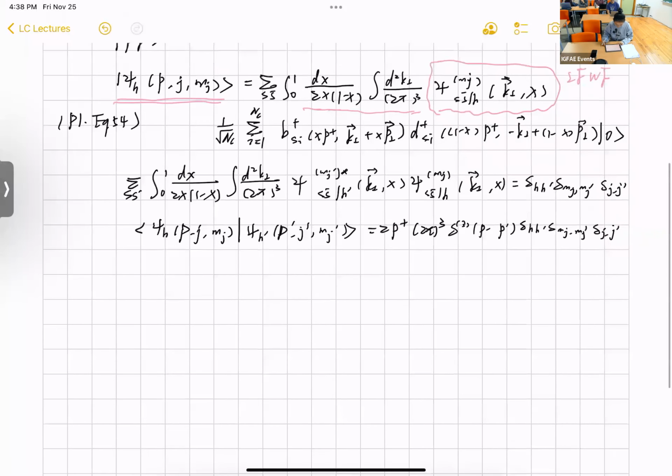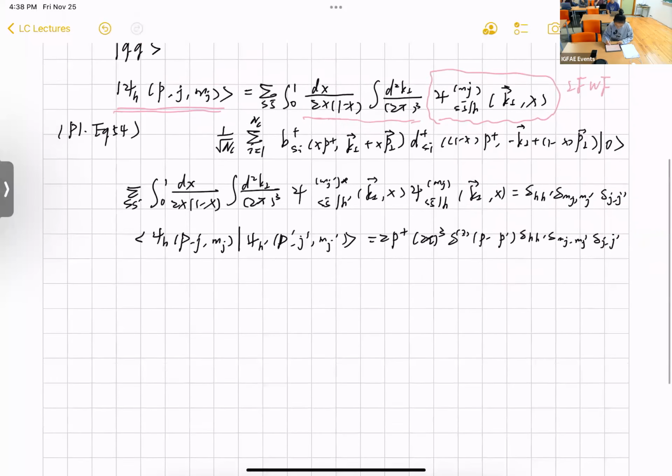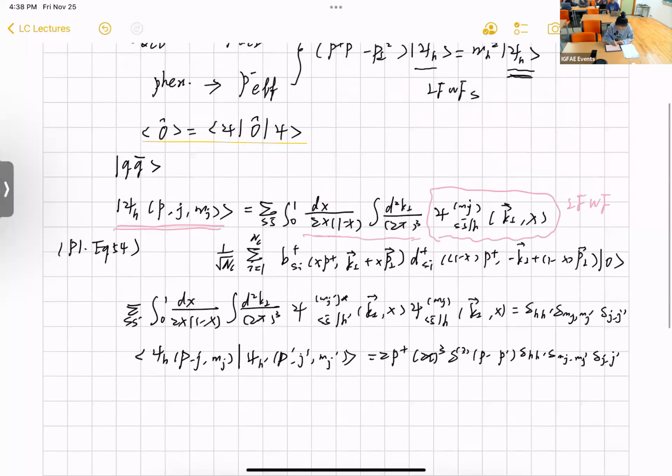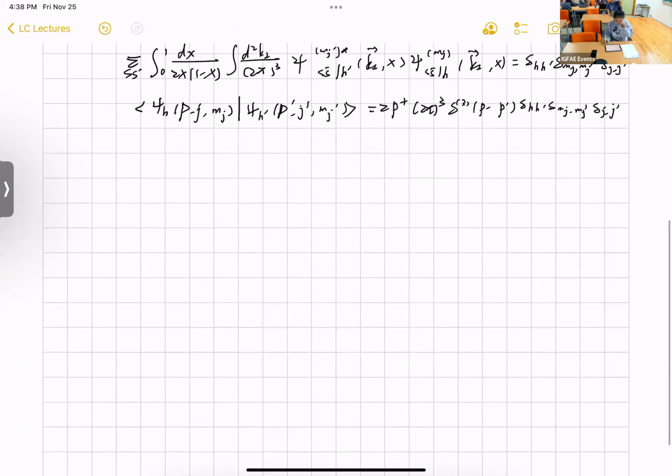So now let's start our topic today about how to look at certain observables. One interesting process to look at is to use an electromagnetic probe to detect the internal structure of the Meson bound state.